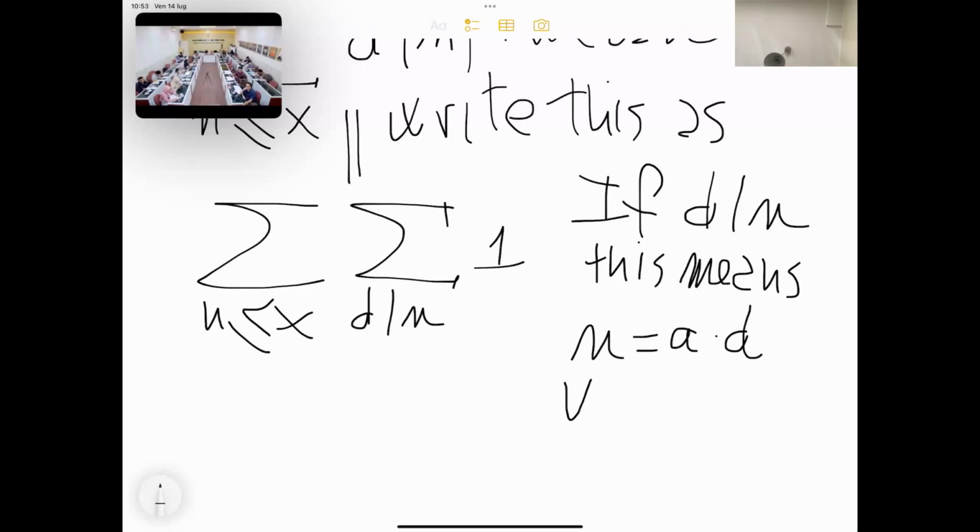For each A and D, there exists a unique n, right? If we fix A and D, there's a unique n.